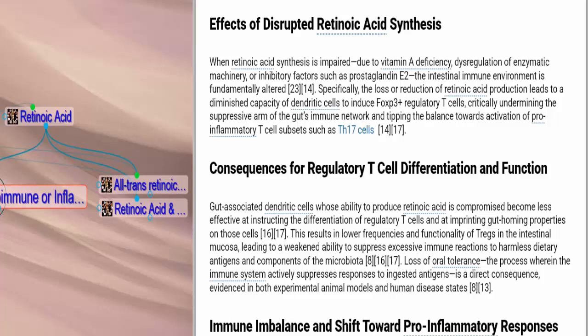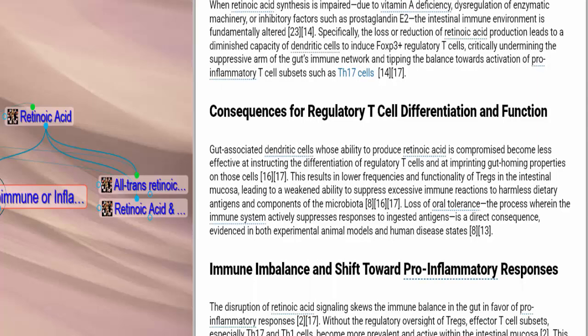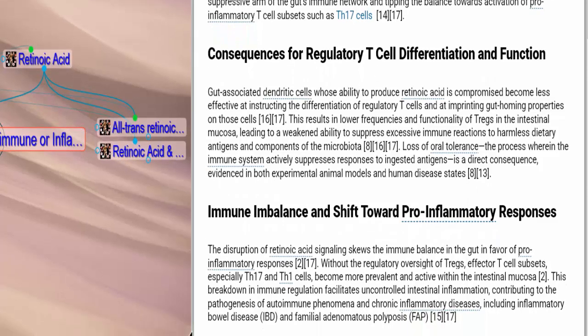Specifically, the loss or reduction of retinoic acid production leads to a diminished capacity of dendritic cells to induce FOXP3 regulatory T cells, critically undermining the suppressive arm of the gut's immune network and tipping the balance towards activation of pro-inflammatory T cells. In a nutshell, if production of retinoic acid is somehow compromised, we have a loss of oral tolerance.